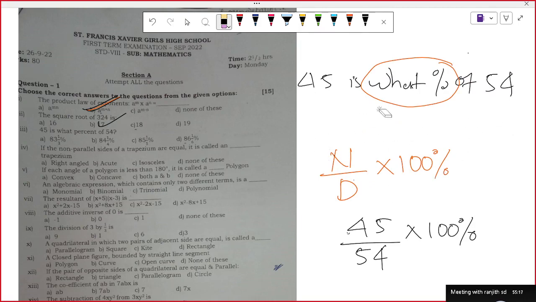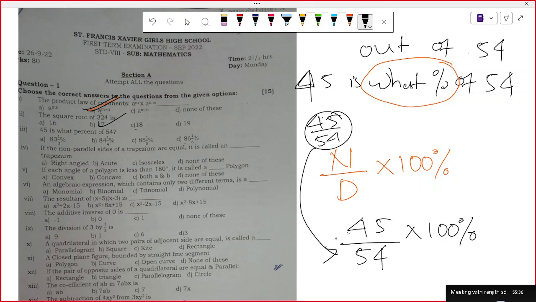This is nothing but 45 out of 54. This is what the question is. For example, you have scored 45 marks out of 54. How do you write that? 45 divided by 54, that is the fraction, multiplied by 100%.